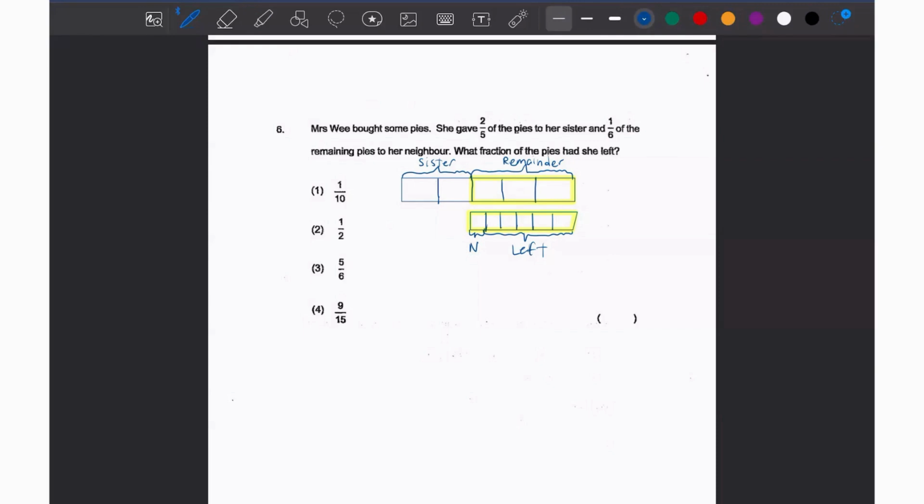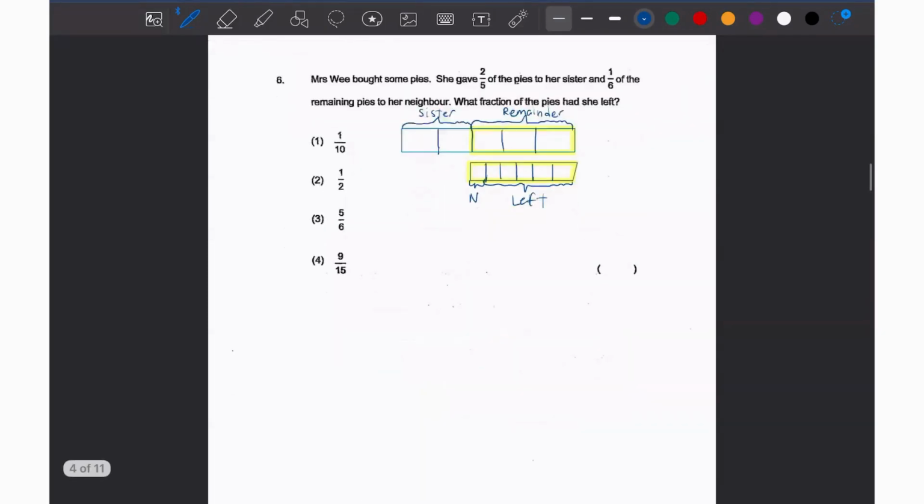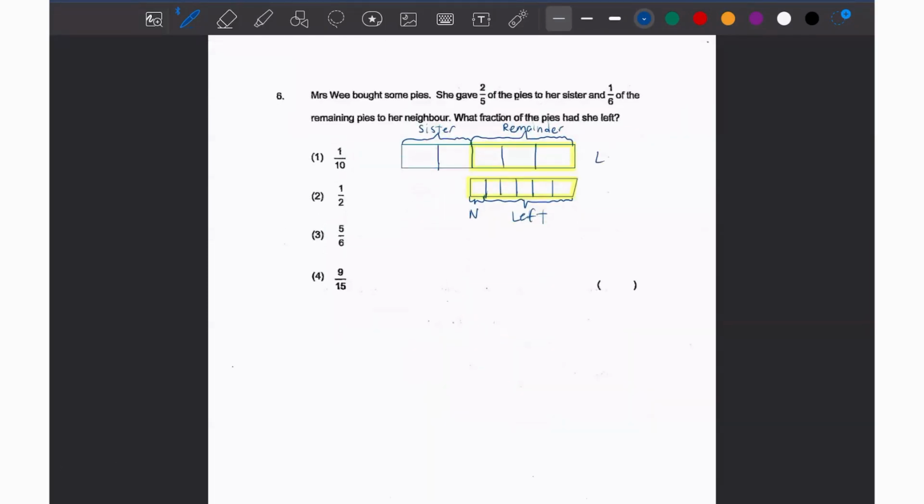You will realize that on the top, the remainder is actually 3 boxes, whereas the one below it is 6 boxes. In order to make them the same, we need to find the LCM of 3 and 6, which is 6, right? The lowest common multiple of 3 and 6 is 6.